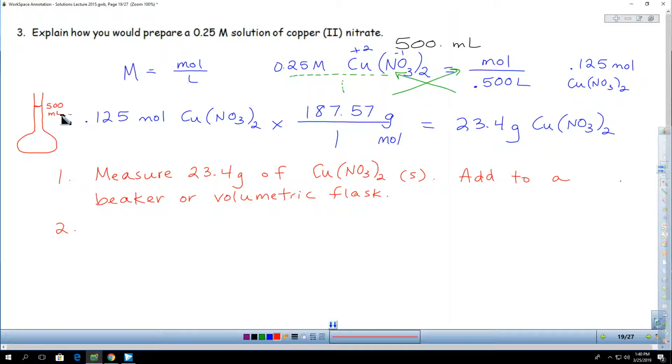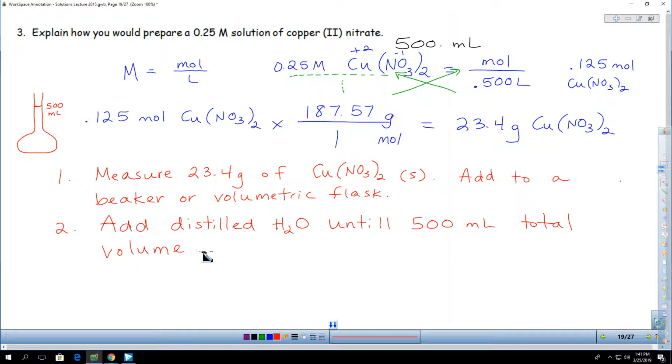Okay, so put that solid, measure the solid, put it in a beaker or the appropriate volumetric flask. Now, here's how you have to be a little bit careful on how you word this second part. We're going to add distilled water until 500 milliliters total volume.